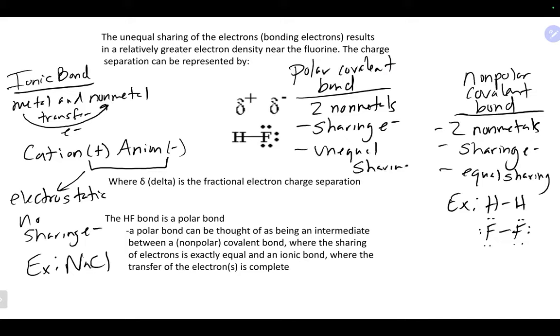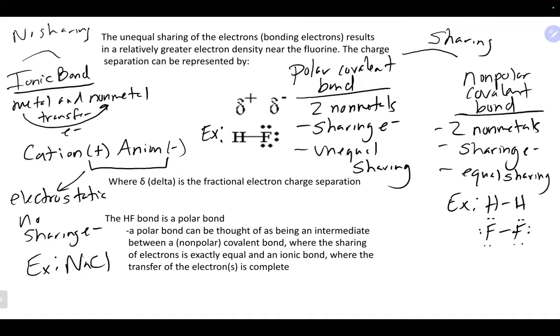And an example would be our HF. That creates, as we just talked about, a side to that bond that's more positive and a side that is more negative. It creates those partially charged parts to that bond. So on this end here, both of these are sharing of electrons. Over here, no sharing.